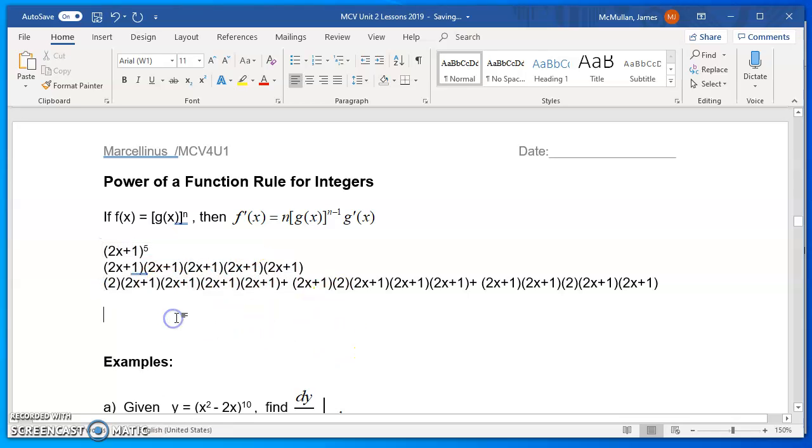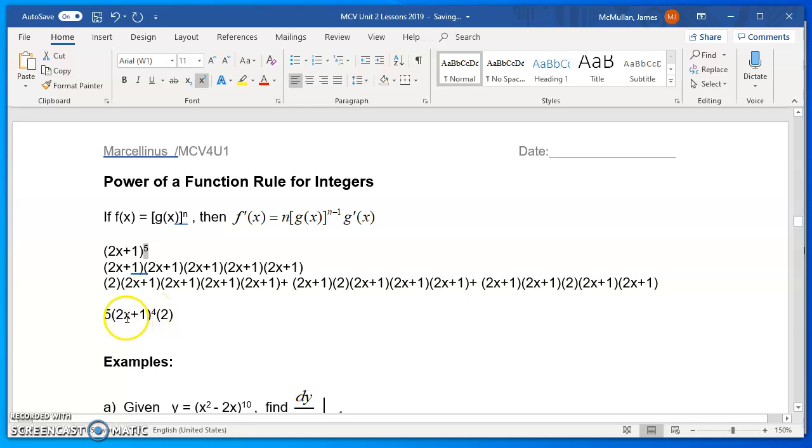Now what is this? Let's write this out. We have 5 times this happened, and then we have 2x plus 1 to the power of 4, and then we have it times 2. Now look at what this is. The 5 is the exponent, which comes to the front. The 2x plus 1 is repeated exactly as it was in the question, and then the 5 drops down to a 4.